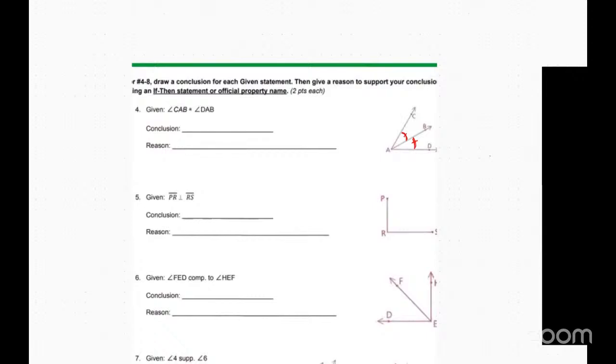I don't know. Well, if those two things are equal, what does that mean about one of these rays? Does that mean anything? Does it mean something about either this line here, AC, or maybe AB or maybe AD?